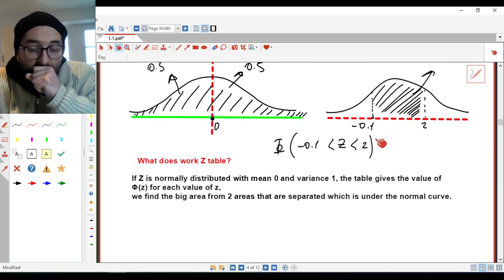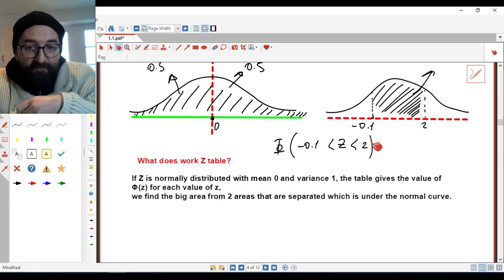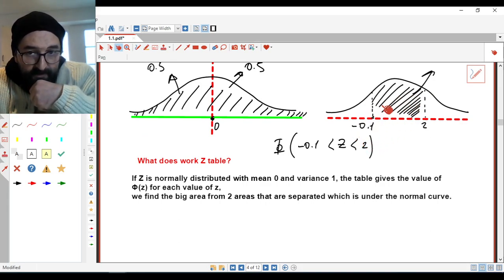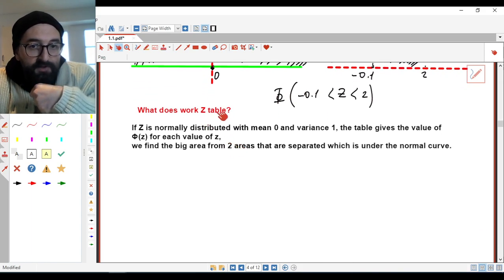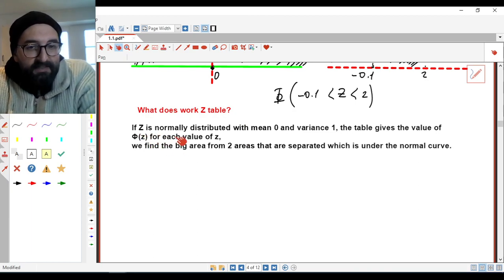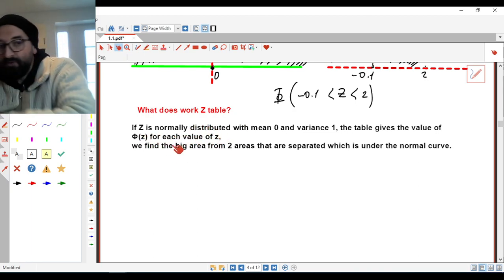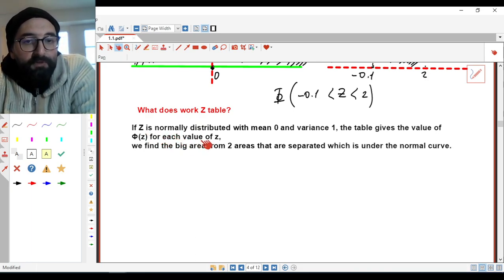And then how can we find these phi values? How does the z-table work? If z is normally distributed with mean 0 and variance 1, the table gives the value of phi z for each value of z. We find the big area from the two areas that are separated under the normal curve.